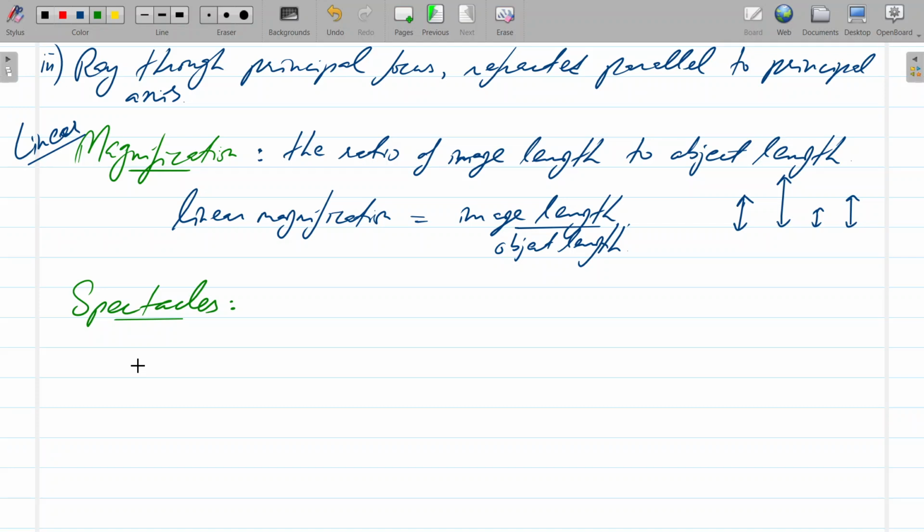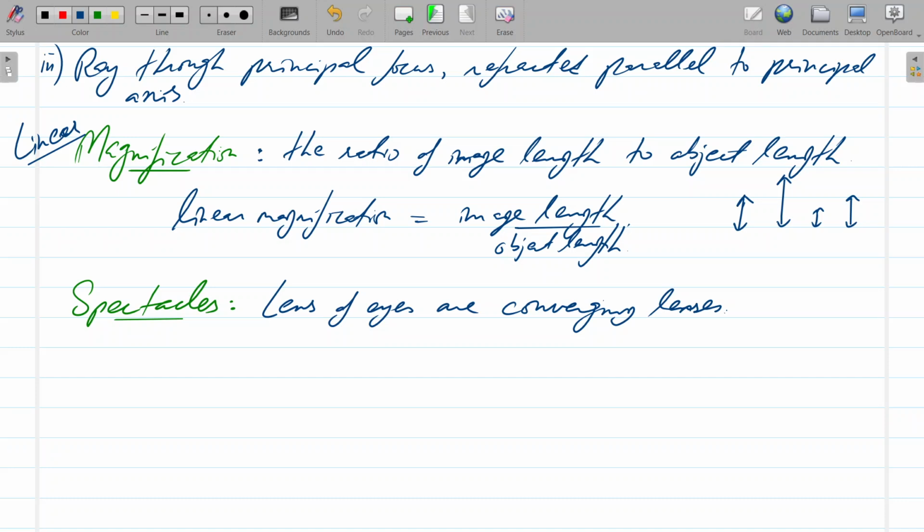The lens of the eye is a converging lens, and as we just saw in the ray diagram, the image that was forming was flipped.